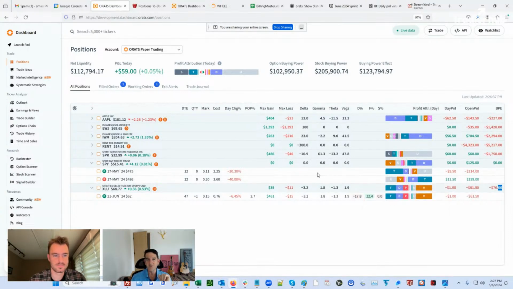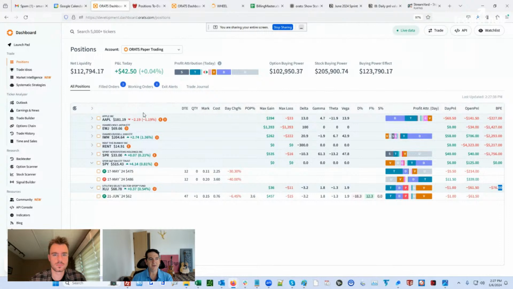So these calculations are good to know. This buying power effect is how much they give you in order to trade. So we try to calculate that so you can see how much you have left to trade, and we do these calculations. So that wraps up, Tyler.